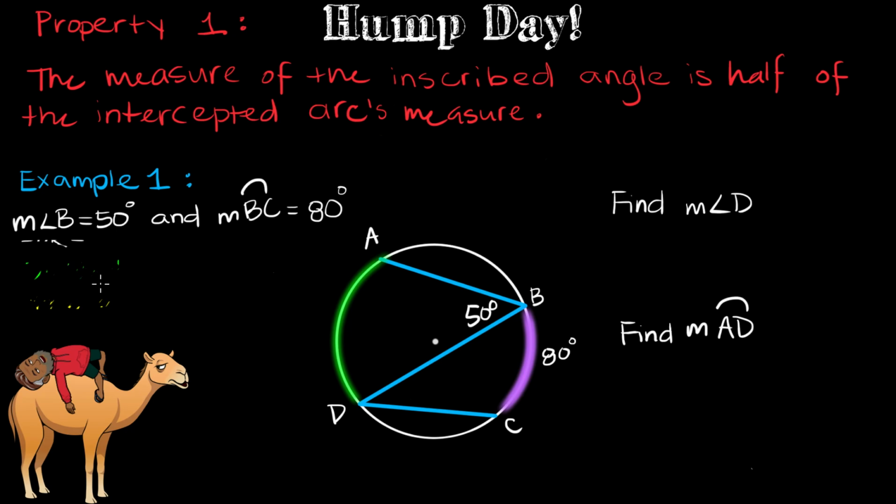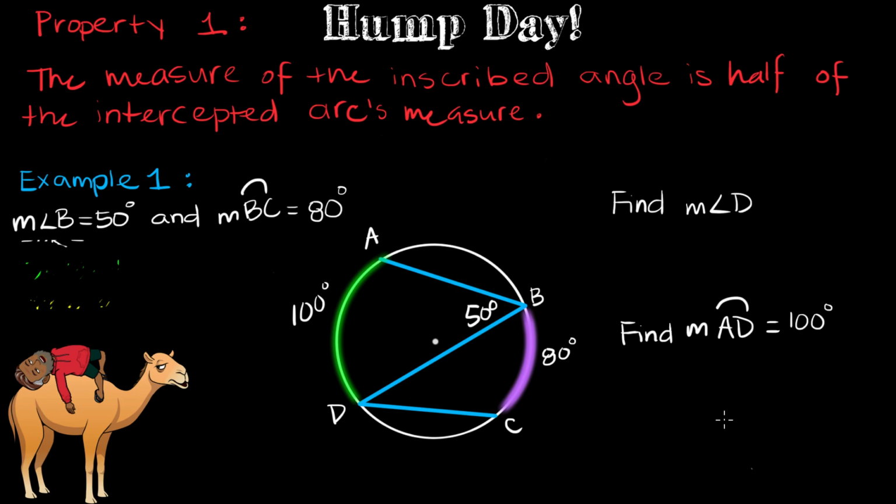Sorry for that mess up right there. We're going to use the property that's right up above, but I'm going to use the shortcut. If you take the angle and double it, you'll get the arc. So if I double 50, that's going to give us 100 degrees. So we now know that arc AD is 100 degrees.